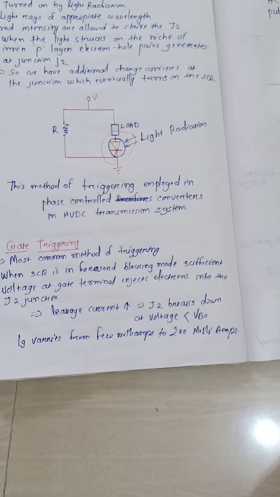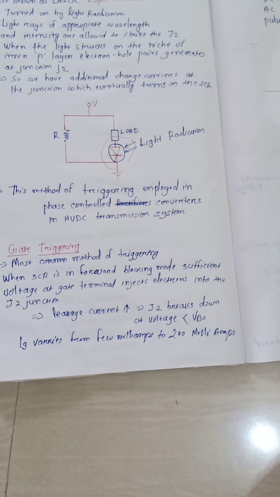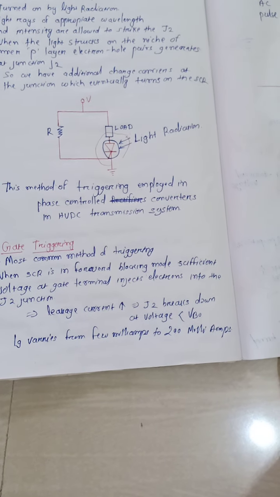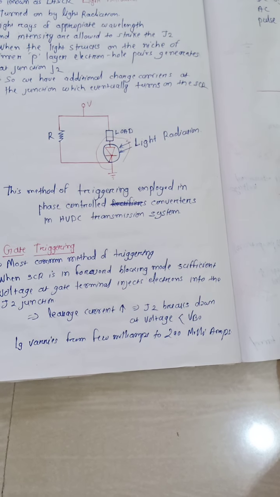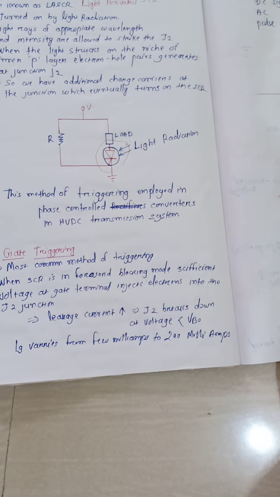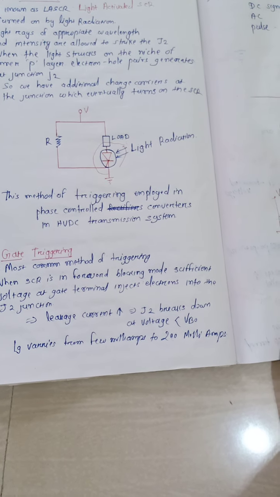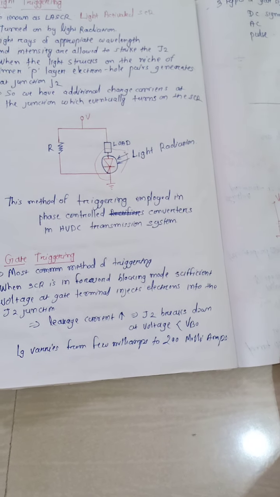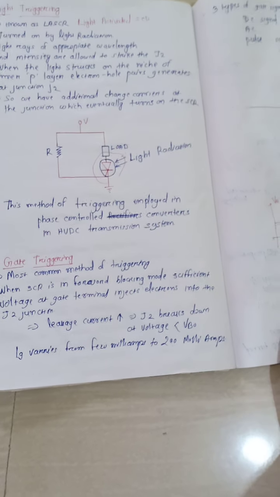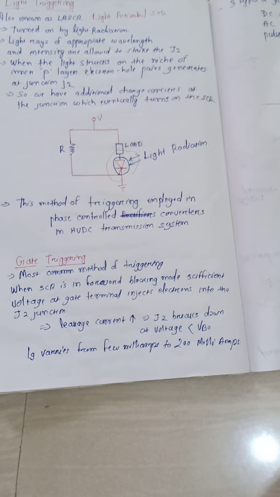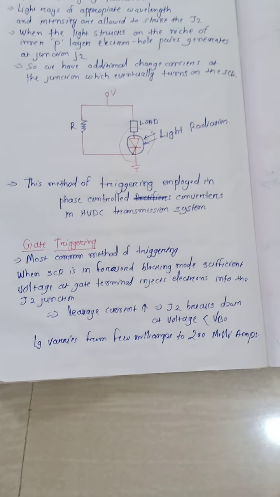So the leakage current increases and the J2 junction depletion layer breaks down even before the anode to cathode voltage reaches VBO, the forward breakover voltage. This is the basic concept of gate triggering.